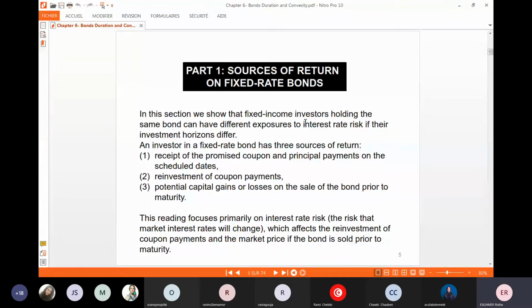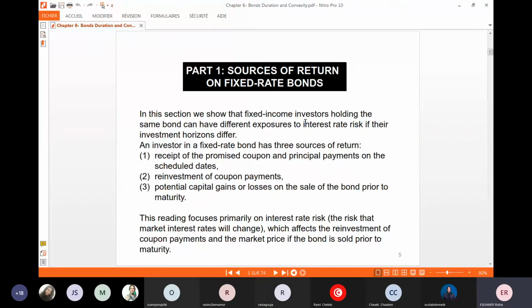As I said, an investor who buys a bond will receive the promised coupon and the principal payment on the scheduled date. He could reinvest the coupon received at the existing interest rates of the market.